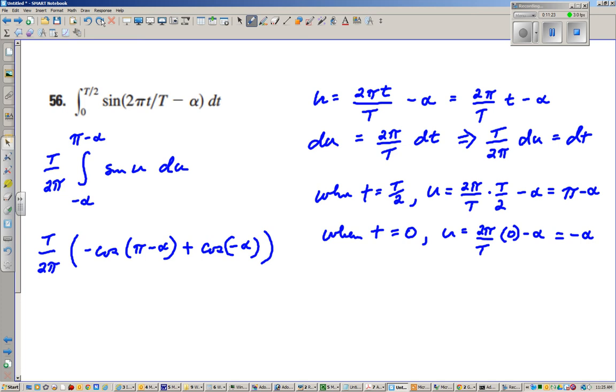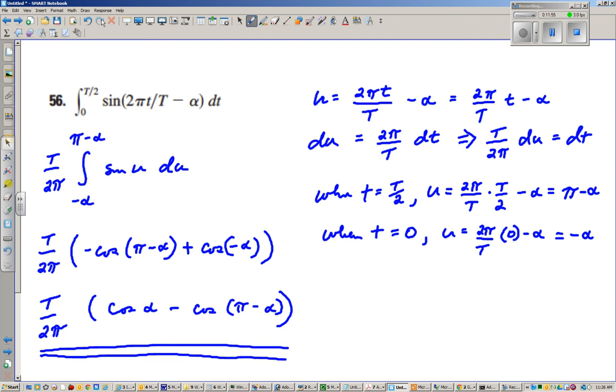And that's it right there. Cosine is what we call an even function, so the cosine of negative alpha is the same as the cosine of alpha. So most would write this final answer as T over 2 pi and say, well, let's bring that positive term to the front: cosine of alpha, and then subtract from it the cosine of the quantity pi minus alpha. And that would be our final answer.